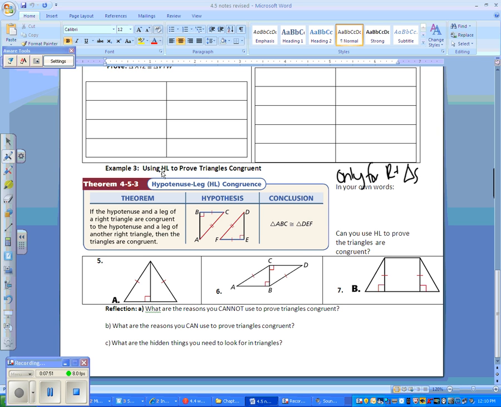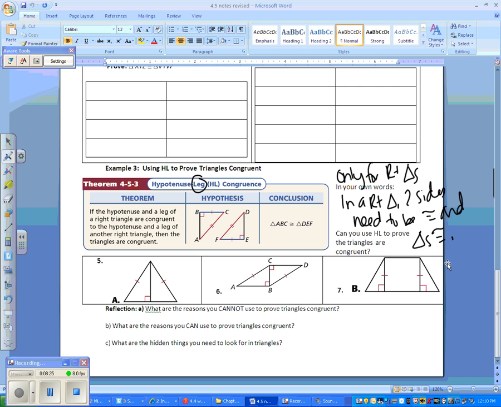We have to know that the hypotenuse is congruent to the other hypotenuse, like in this picture, AC and DF are congruent to each other, and they're hypotenuses, because they're across from the right angles. And we need to know that a leg is congruent. A leg is not a hypotenuse, so you need to know one other side is congruent. So in a right triangle, two sides need to be congruent, and the triangles are congruent.